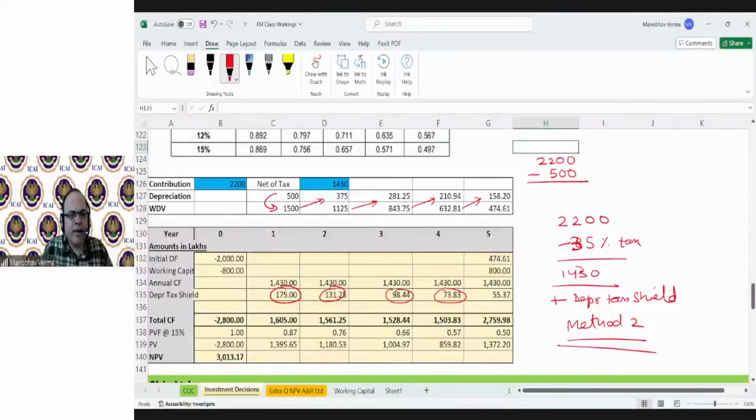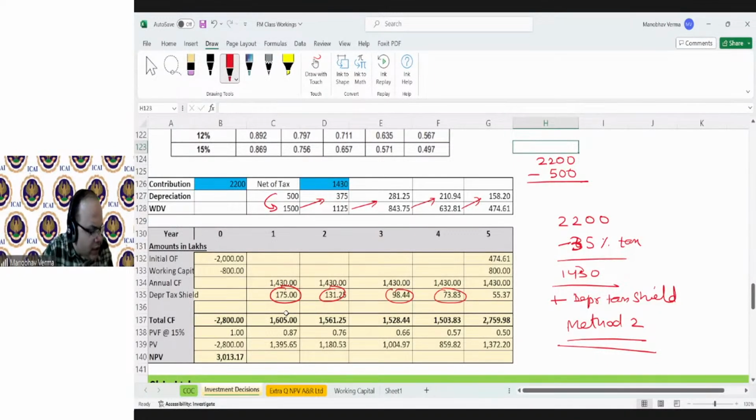The difference between method 1 and method 2, I intentionally showed you these calculations so that you guys are aware of this. So we are talking about a depreciation tax shield being added directly, and my total cash flows are multiplied with the present value factor, and I get about 3000 lakhs of NPV, which is a positive NPV, and I'm getting acceptance for this particular project of machinery.